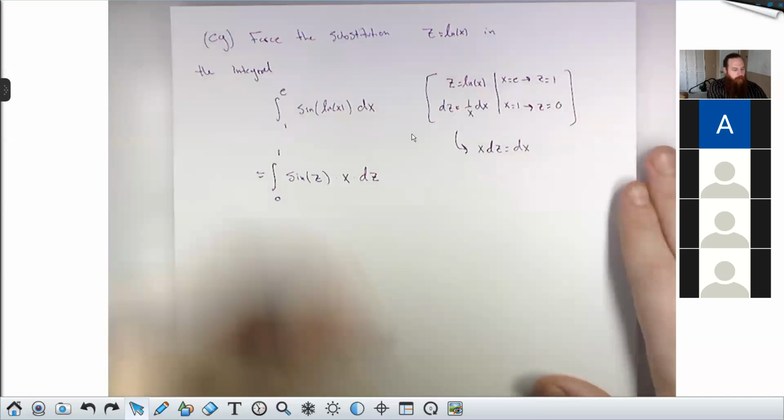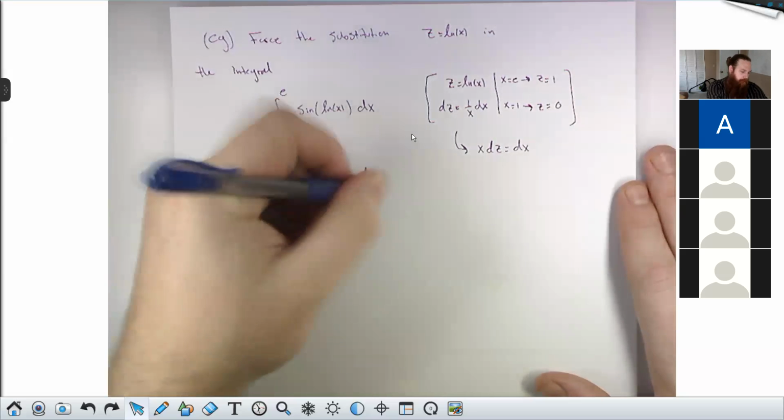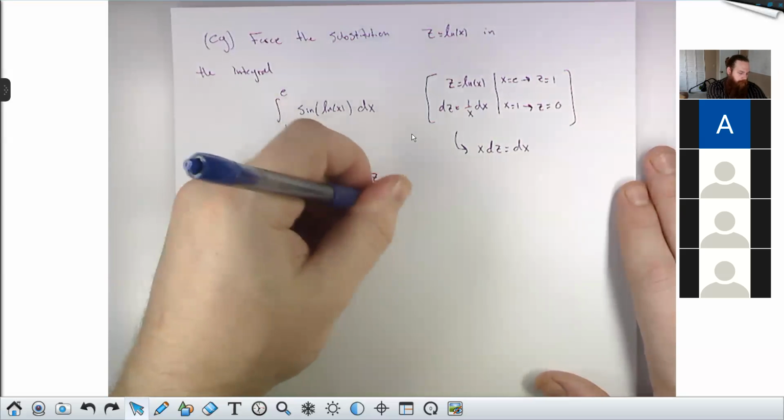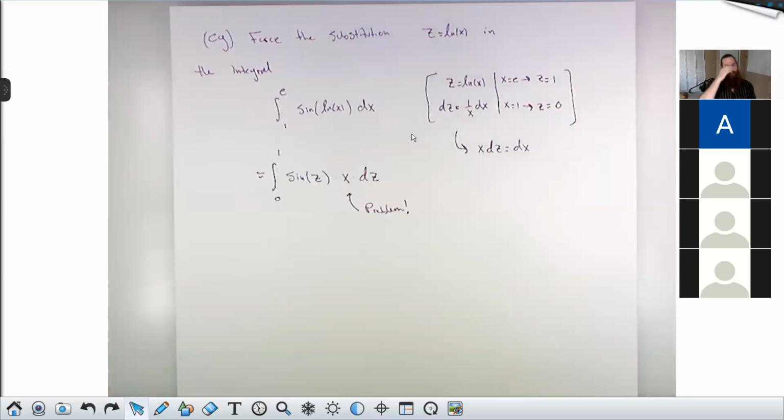But of course, this is a problem. I still have some of my old variable floating around. I need to rewrite x in terms of z in order to proceed, in order to apply any of the integration techniques that we're aware of. I must rewrite this in terms of z.